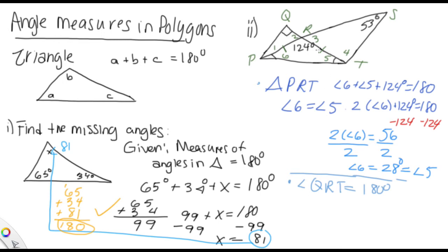So we know that 124 plus angle 2 has to equal 180 degrees. Subtract the 124, subtract the 124, angle 2 equals 56.